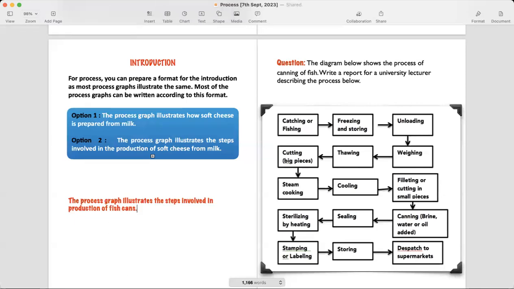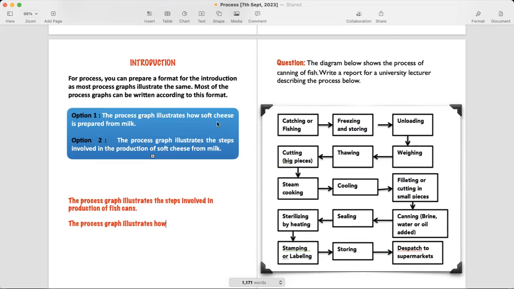Yes, sir. Okay, now make the one with how. The process graph illustrates. Then we write how. Now follow it up. How? What is done? Preparation of, yes, preparation of what?